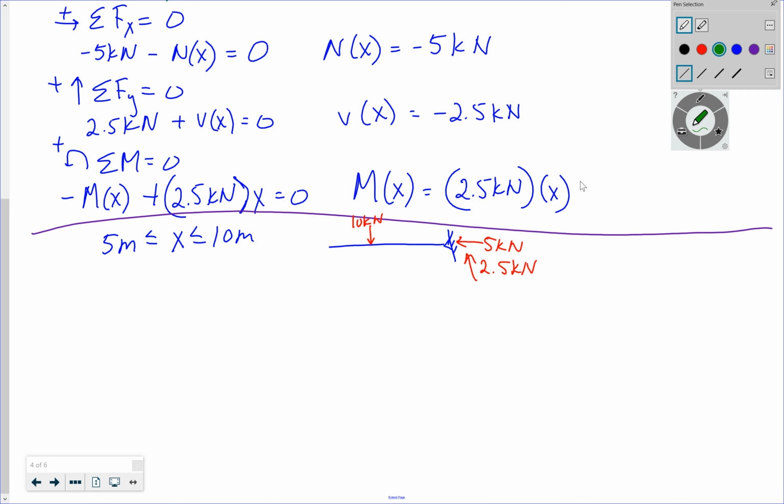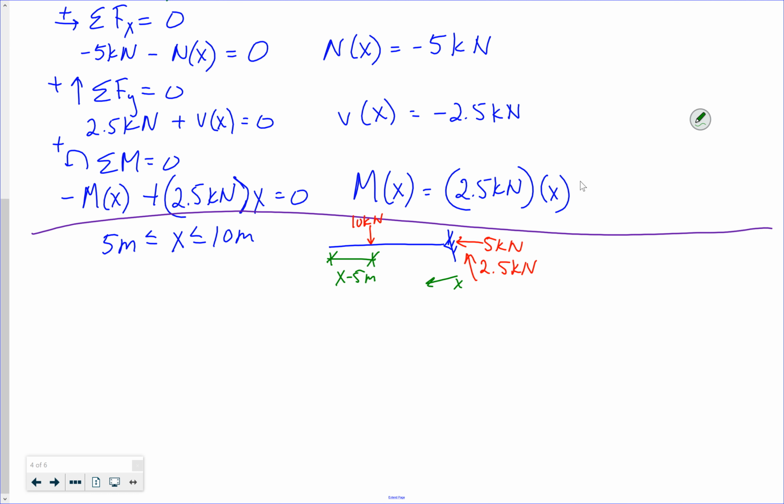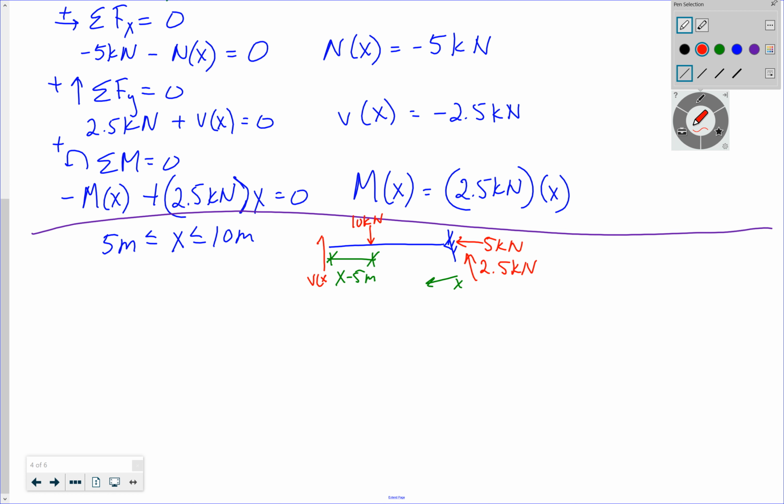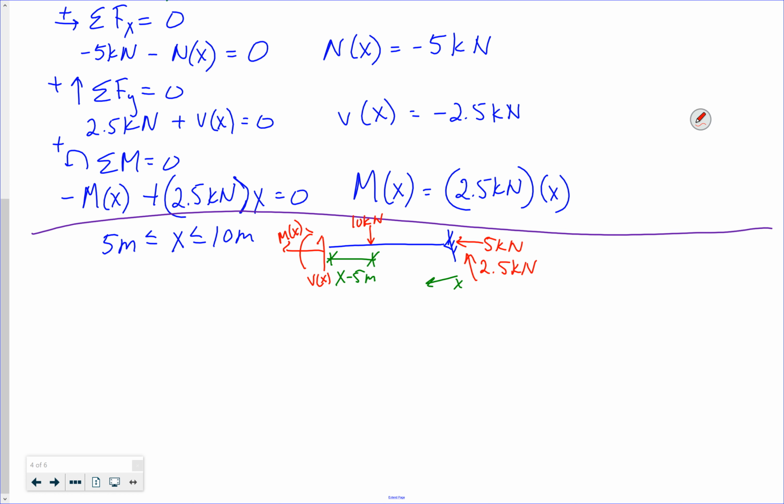If I assume that x starts here, then the distance from here to here is x minus 5 meters. Again, I get to draw my shear up this time, my moment clockwise, and my axial tension.